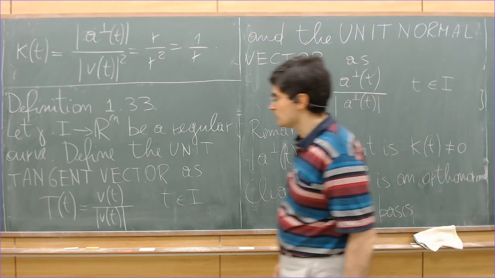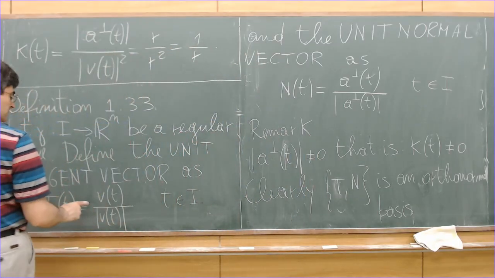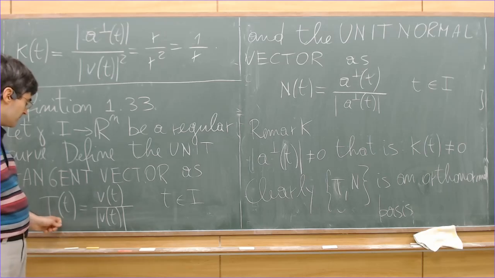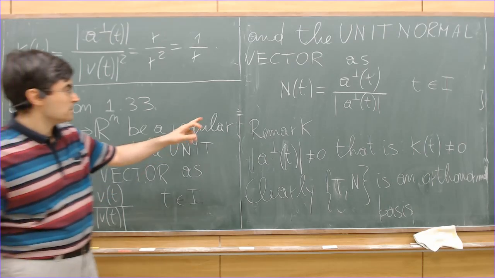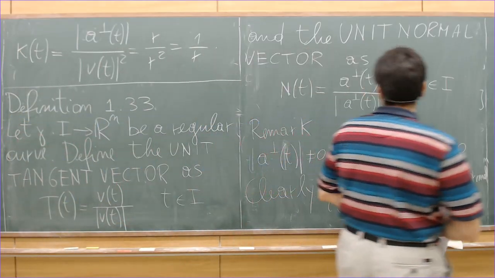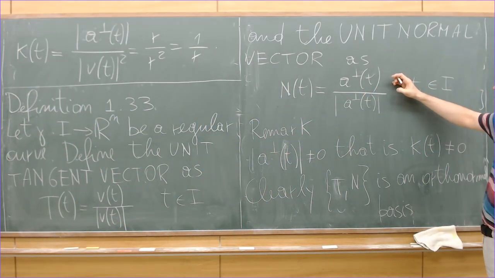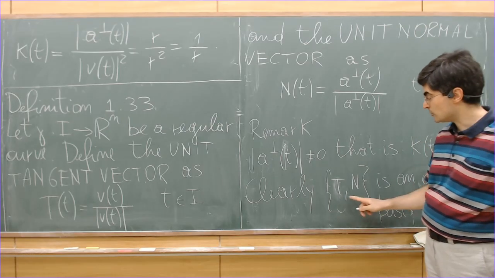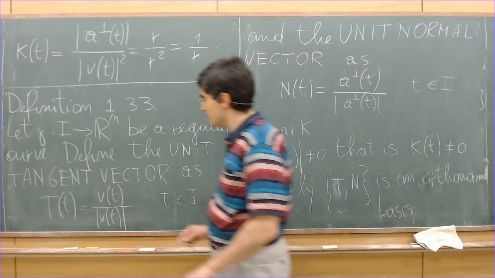By definition, they are vectors of length 1, because for defining T and n, we consider a vector and we divide it by its length, and clearly they are orthogonal. Why?